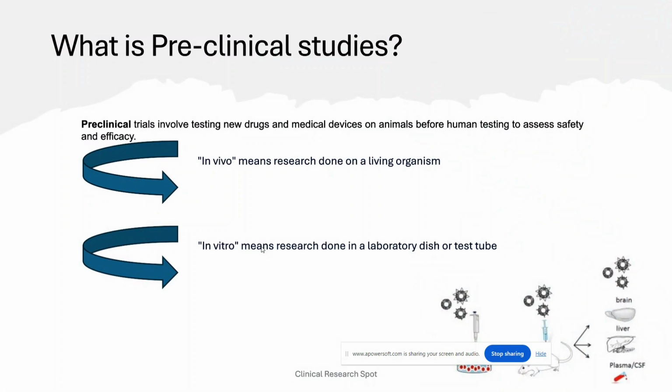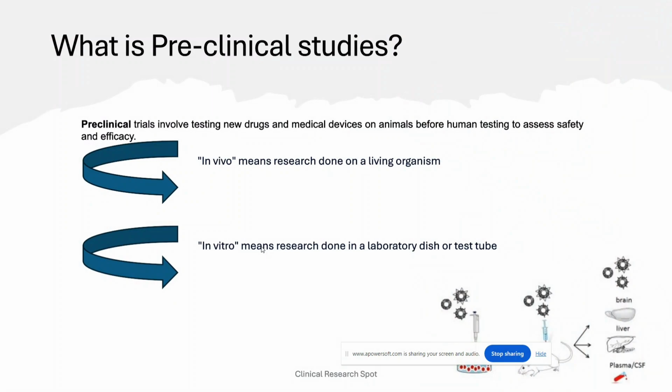This involves testing new drugs and medical devices on animals before human testing to assess safety and efficacy. These studies are also called laboratory studies. There are two types of preclinical studies: in vivo studies and in vitro studies.